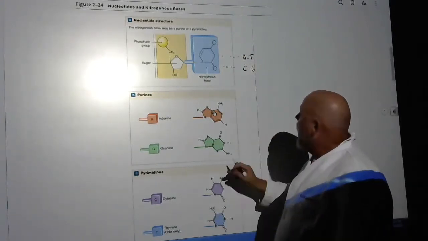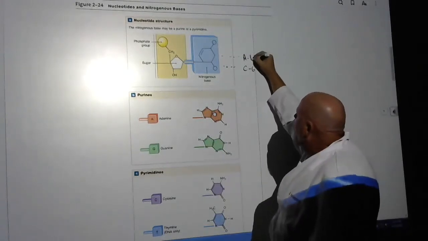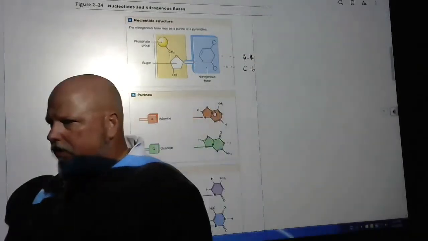Talking about RNA, just remove the T. Okay, that's it.